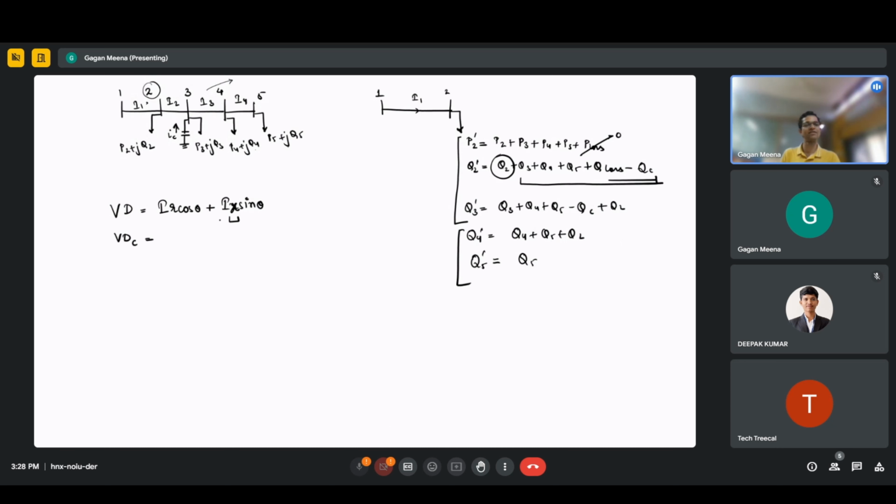With capacitor, this X is not X. This X is XL minus XC. So if XC is more than XL, then the second term is negative, which means that there is a voltage rise instead of voltage drop.